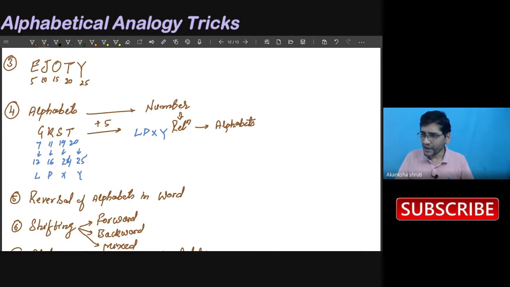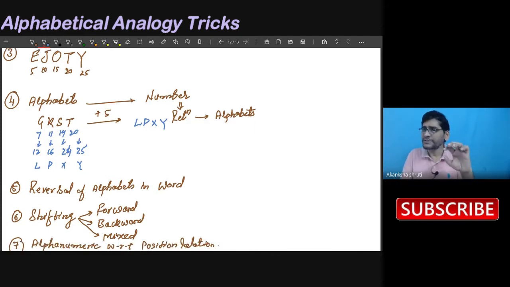Now, how to take it? How is the question? The question is mostly based on either reversing the alphabets or shifting the alphabets, or reversing in one part as well as shifting in another part. So rather than counting, if G is shifted by 5, then counting G, H, I, J, K, L, and then writing L, it will take more time.